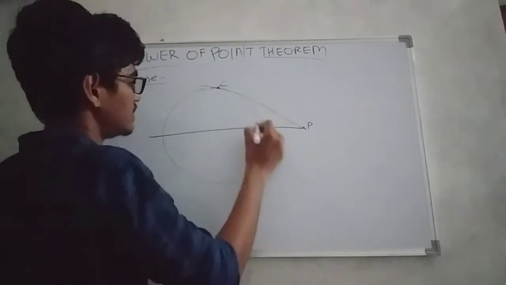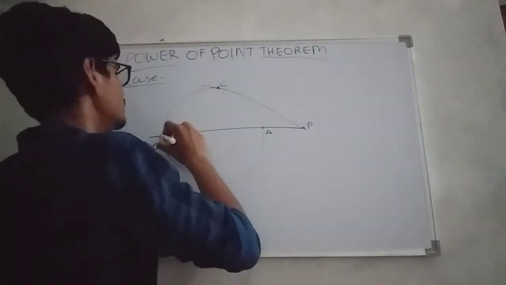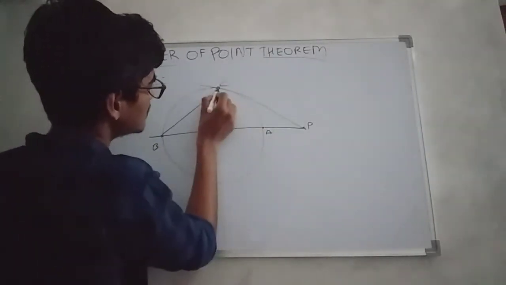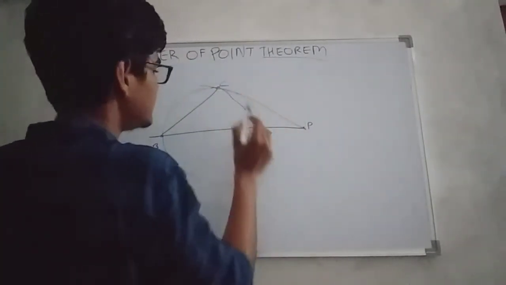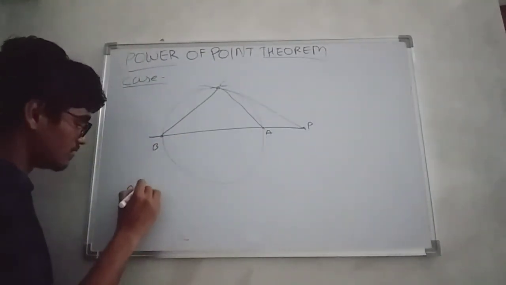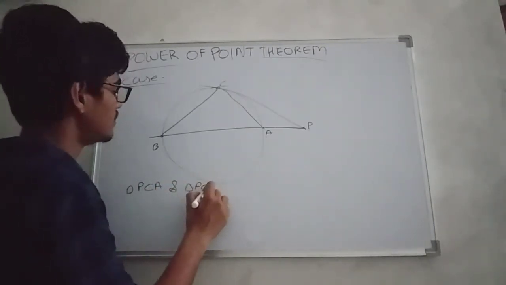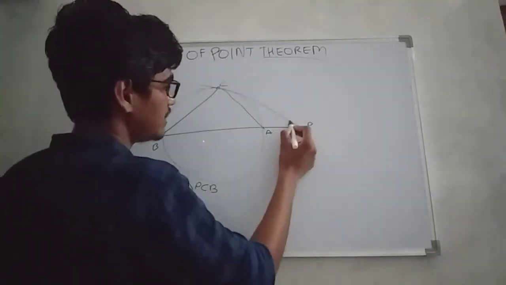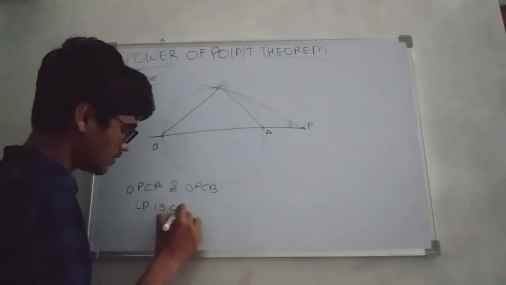Name this point as C, and the secant points as A and B. Join these two points and join CA also. Here also we get two triangles, PCA and PCB. Angle P is common.